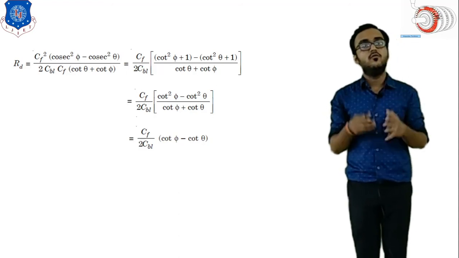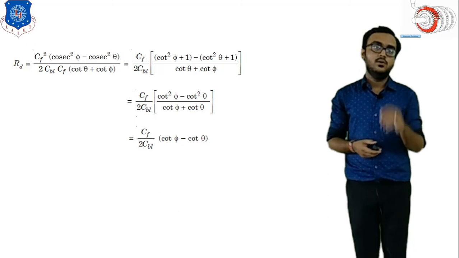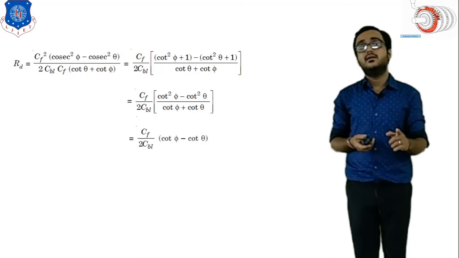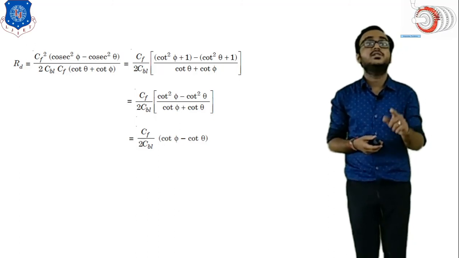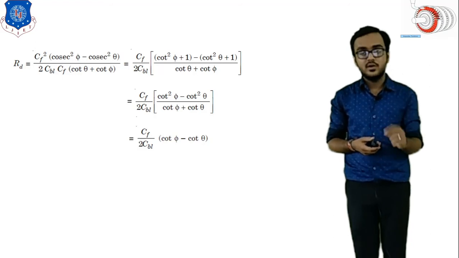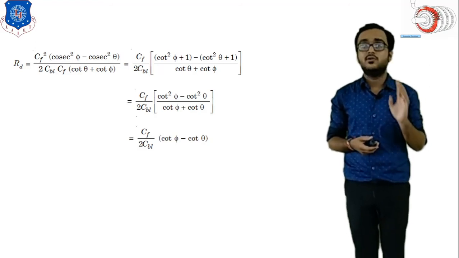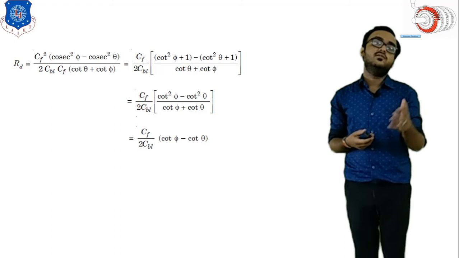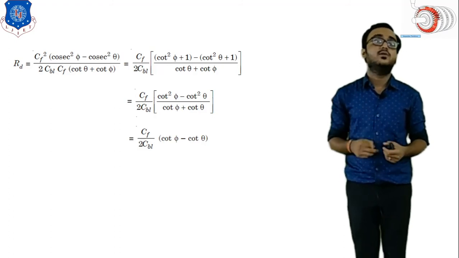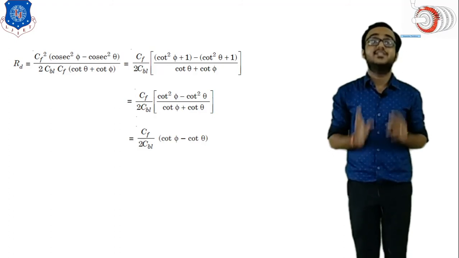If the degree of reaction of a turbine is 0, then you can say this type of turbine is known as an impulse turbine. For a pure impulse turbine, the degree of reaction is 0. And if the value of the degree of reaction is equal to 1, then you can say this turbine is a reaction turbine.